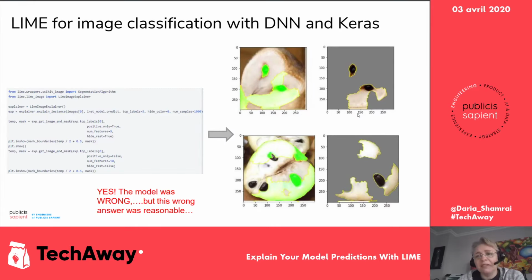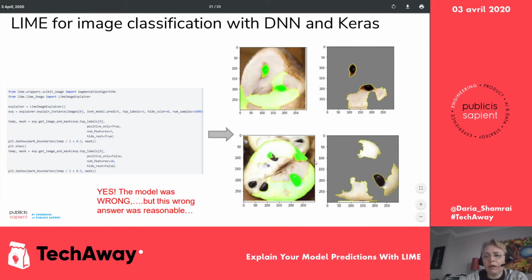What can help us in this case is to look at the result and request an explanation using LIME. For this purpose, we can use the LIME image explainer from the lime.lime_image package. Again, pretty simple, a few lines of code, and you get a beautiful explanation in two possible ways.